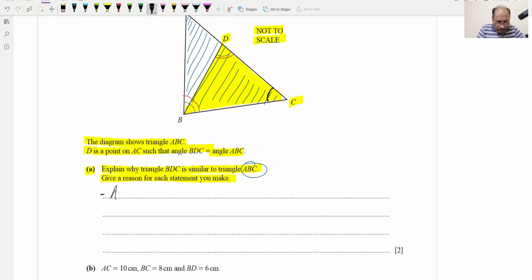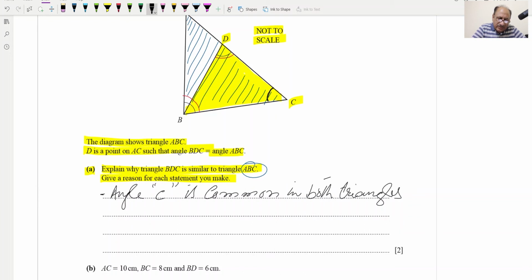So we can write angle C is common in both triangles. So this is the first thing which we have indicated.